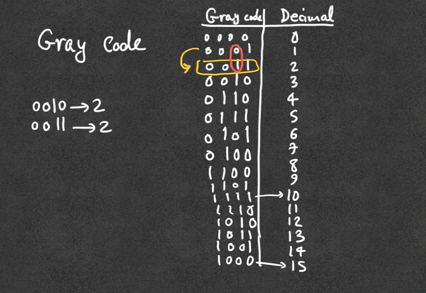And again, neighboring 2 and 3 differ in only 1 bit. If we chose 0010 and then the upper neighbor 0001, the difference between these two neighboring numbers would be 2 bits.